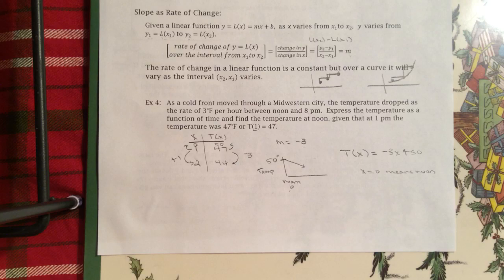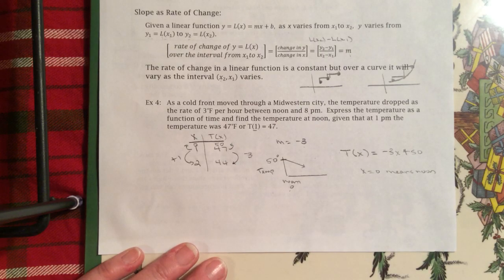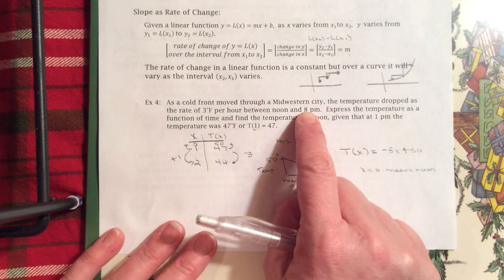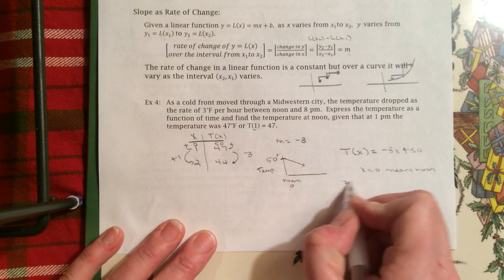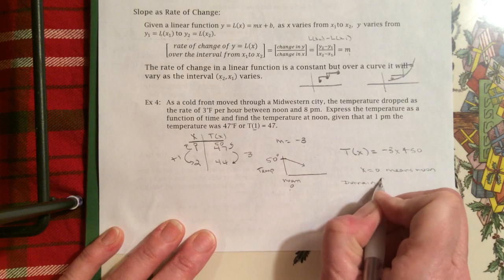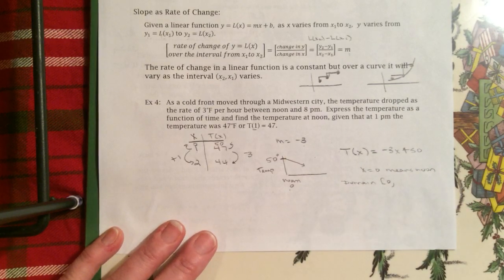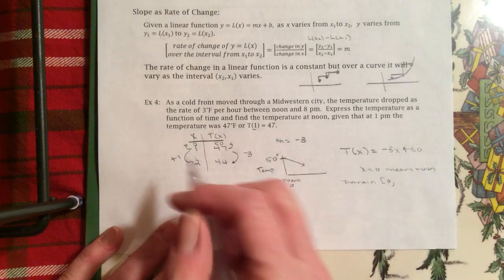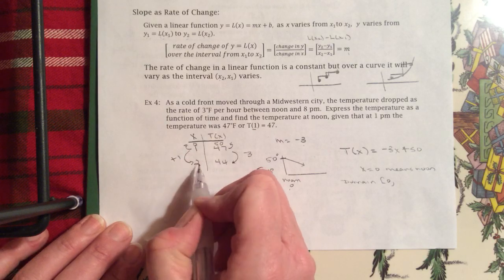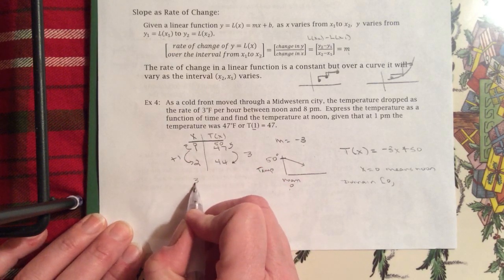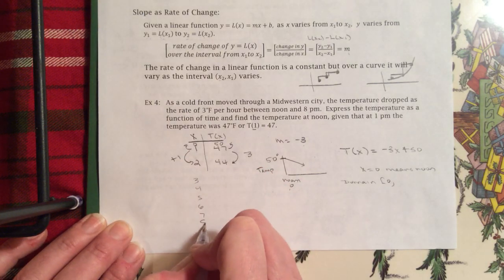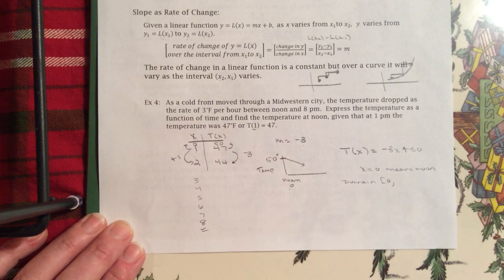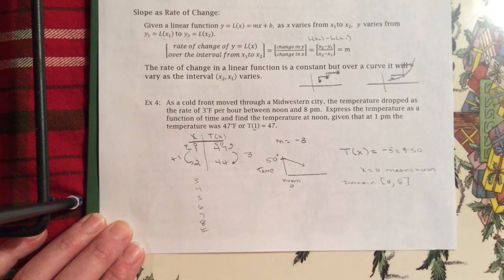And it's going to keep doing that until I get to 8 o'clock. So my domain for this function is I want to use values from 0, and then I've got to figure out where I'm going to end. So this was noon, 1, 2, 3, 4, 5, 6, 7, 8. I'm supposed to stop at 8 o'clock. That would be an x value of 8.